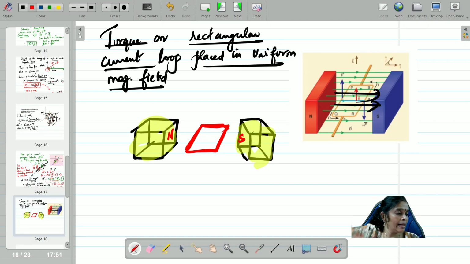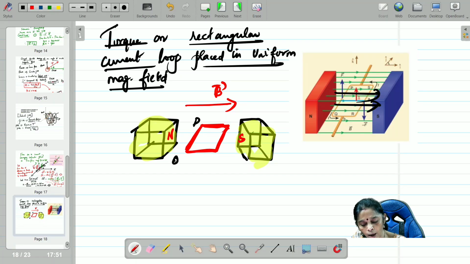The magnetic field will come like that. Now listen here. This is the magnetic field direction B. Now I am going to pass a current through P, Q, R, S. Look at the current which is passing Q to P. The magnetic field is acting north to south.